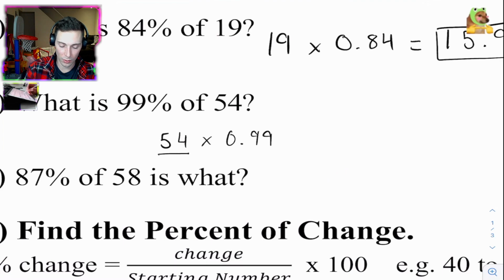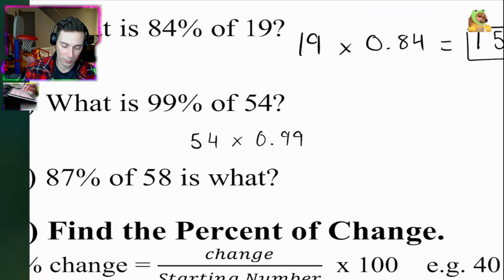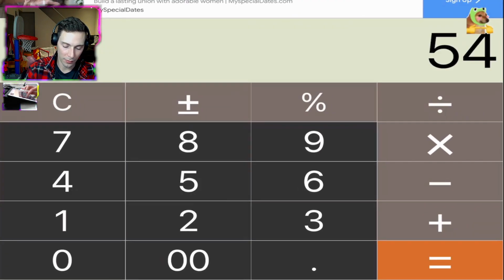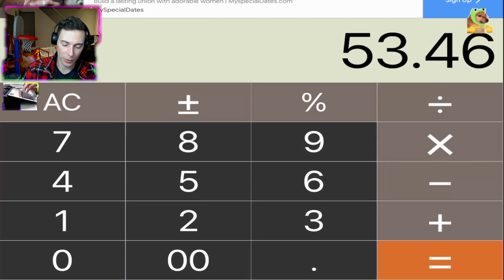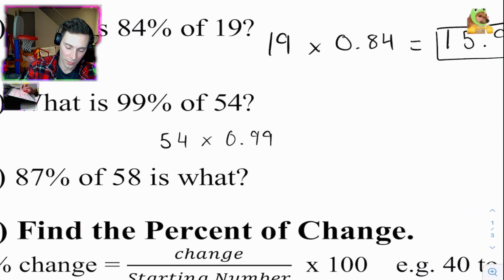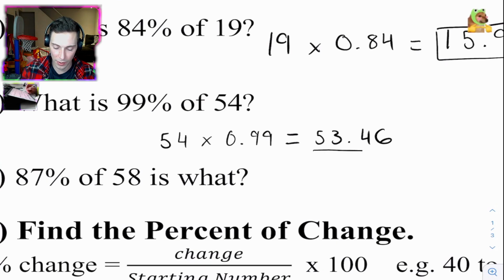The whole times the percent in decimal form. 54 times 0.99 equals 53.46. They might say 53.5.